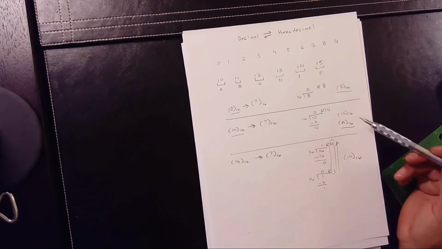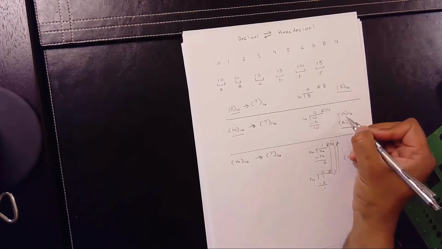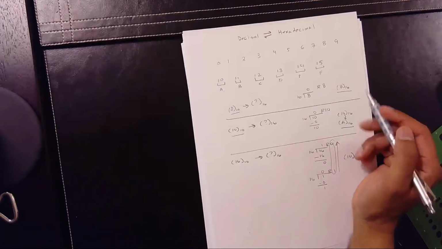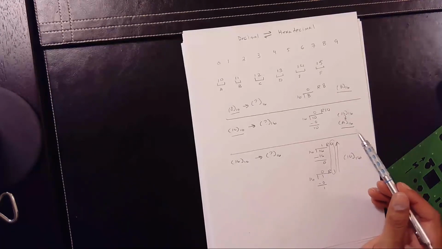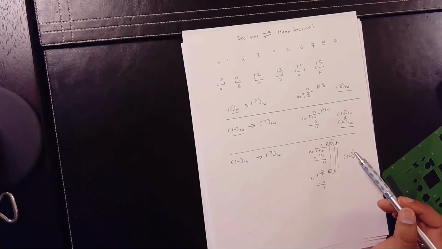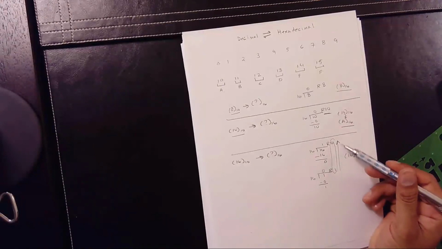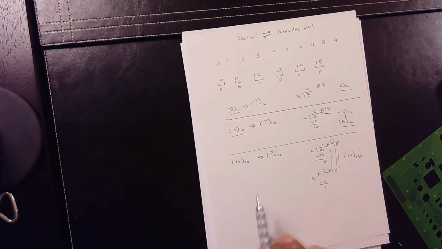In this example, 10 base 16 is not the same as the remainder 10, which converts to A. They're not the same, okay? So understand that. This is simply remainder 10. Here we're going up, okay? So don't make this mistake. Understand the difference. Make sure you always work it out. Don't jump to conclusions, right?